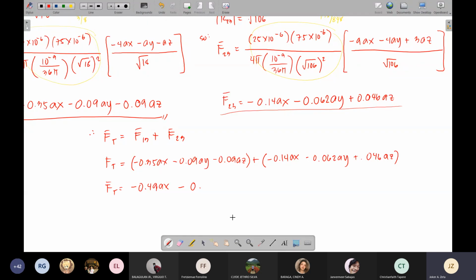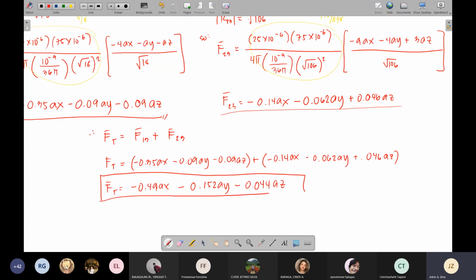So, 0.152 AY. And lastly, ang AZ. So, negative and positive. So, negative 0.09 plus 0.046. For AZ, that would be negative 0.044 AZ. Okay? Then, you have your final answer.